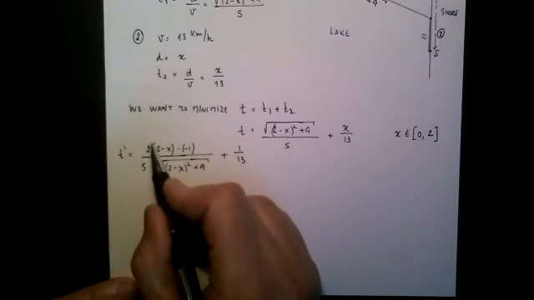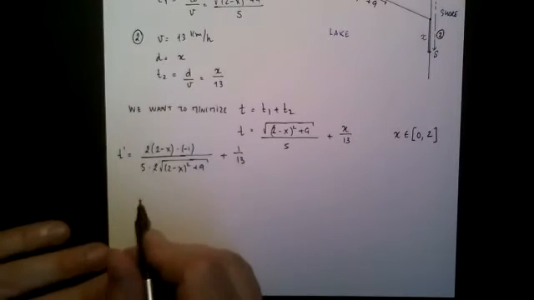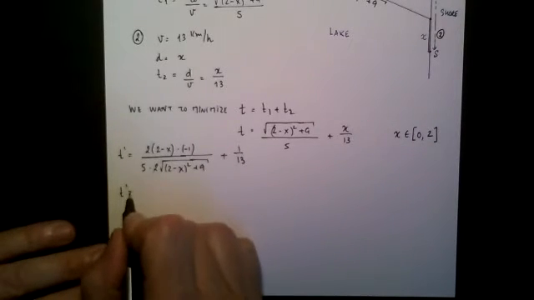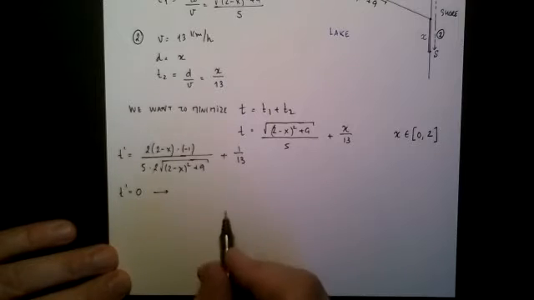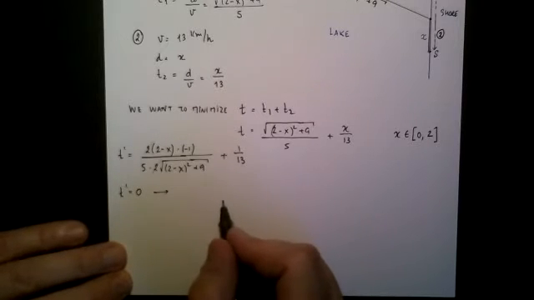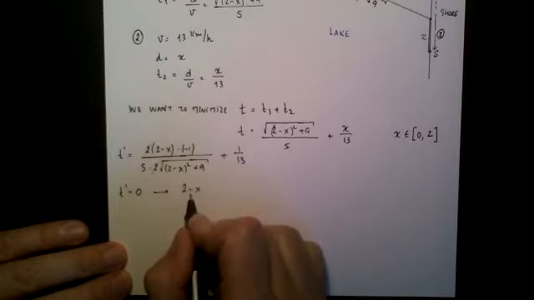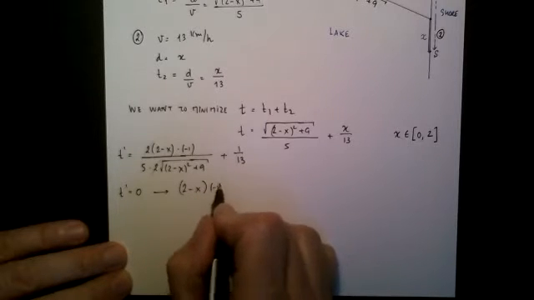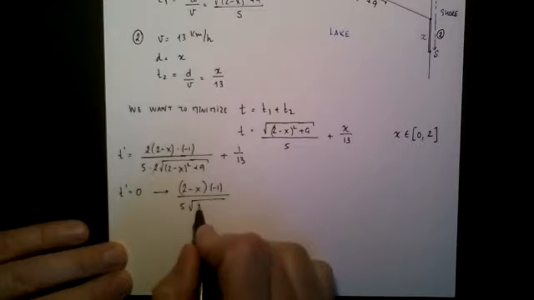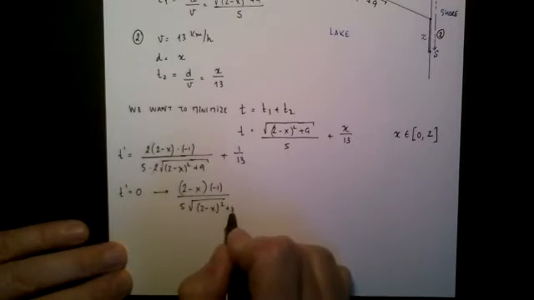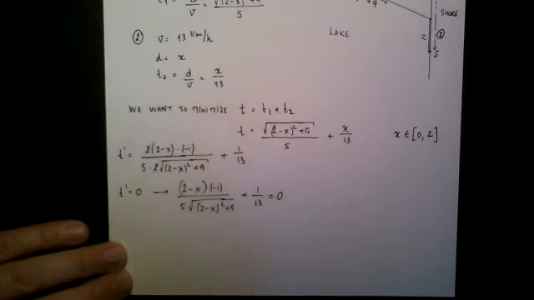Okay, so I'm going to cross out these 2s. And now I'm going to put T prime equal to 0. Let's solve this. So this means that (2 minus x) times -1 over 5 times the square root of (2 minus x) squared plus 9, plus 1 over 13, is equal to 0.